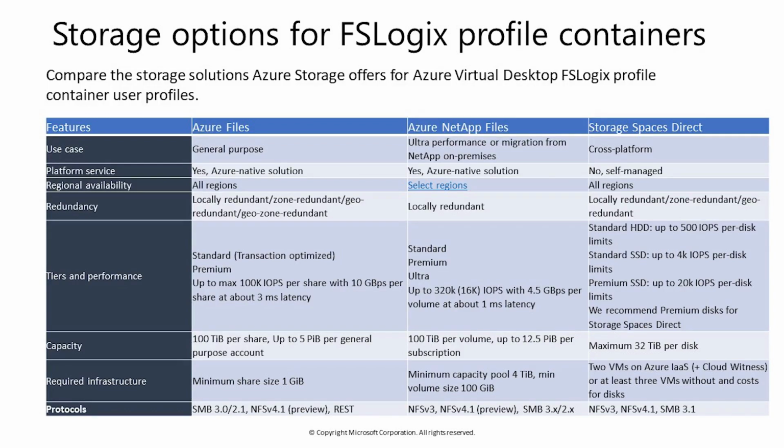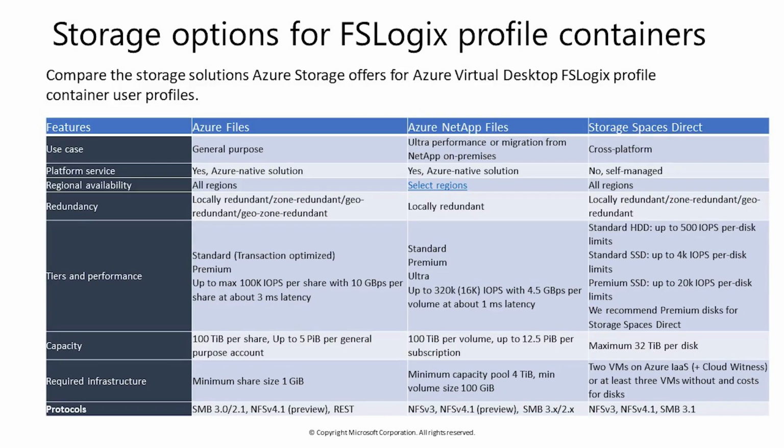If you see the first example, Azure Files is available as general purpose, and it comes as a native solution from Azure itself. The good part is that it is available in all the regions as well. As far as redundancy is concerned, you're getting LRS, ZRS, GRS, and Geo-ZRS storage.